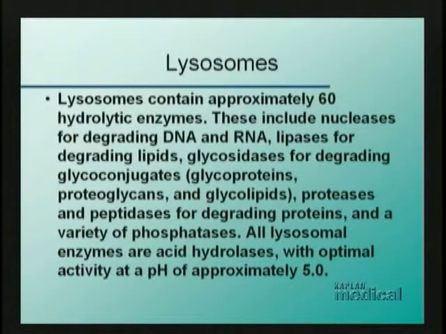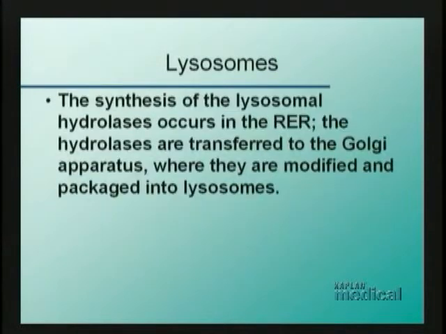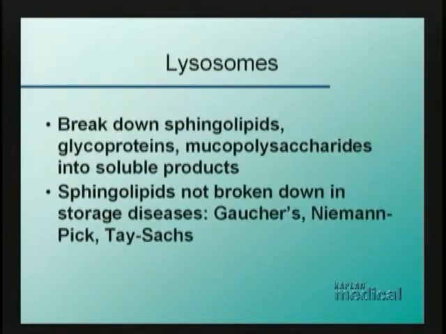All of these are fundamentally acid hydrolases with a pH of approximately 5.0. These lysosomal hydrolase enzymes have been synthesized in the rough endoplasmic reticulum, transferred to the Golgi apparatus where they've been modified, sorted, and then ultimately packaged into lysosomes.